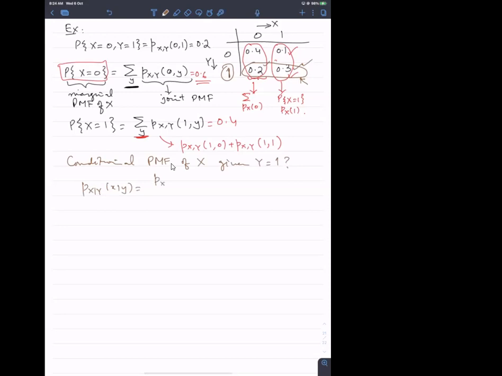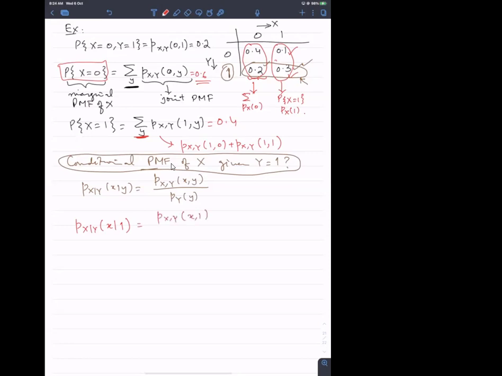This is simply the joint of x and y divided by marginal of y. Okay. So that means that we are required to find the conditional PMF of x given y is equal to 1. So we are interested in finding Pxy, x given 1. Y takes the value 1. Okay. So this is equal to Pxy x comma 1 divided by Py of 1.